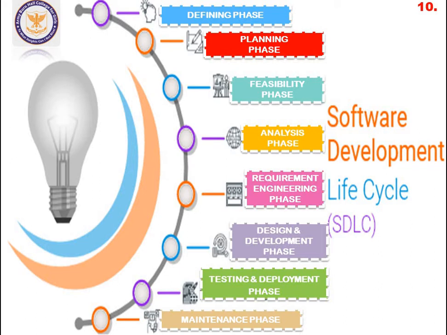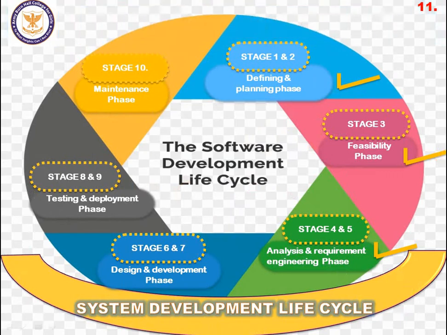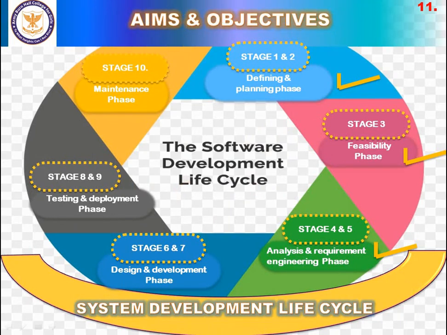Now moving on towards our next phase, that is the requirement engineering phase. We are done with the defining phase, the planning phase, the feasibility phase, and the fourth one, the analysis phase. So till date we are done with 4 phases of the software development life cycle.